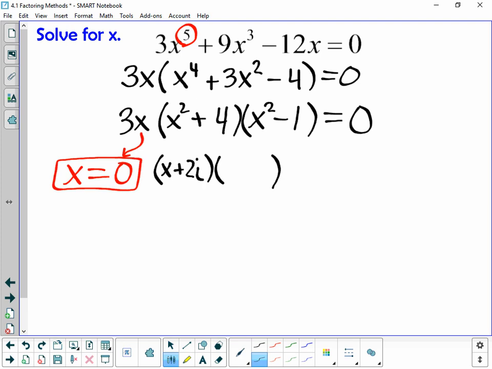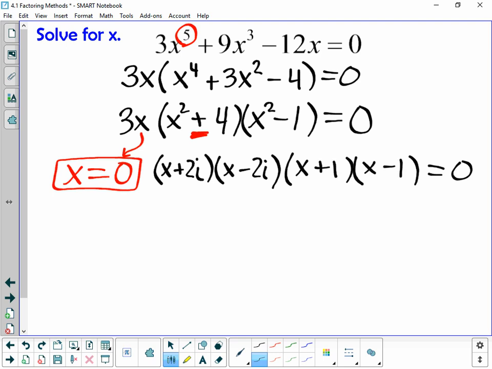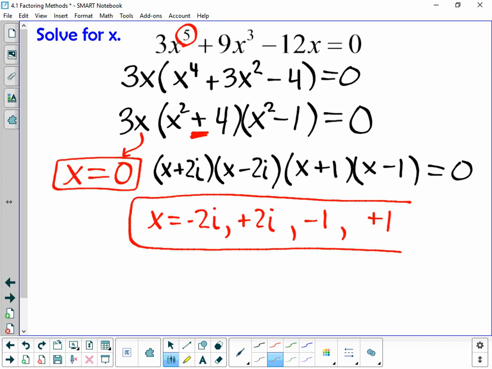Remember, if this is a positive, you're going to have that imaginary part, that i, and x minus 2i. X squared minus 1 is a difference of squares, so it's going to have real factors, not imaginary, x plus 1 and x minus 1. So now hopefully you can see the other 4 solutions: negative 2i, positive 2i, negative 1, and positive 1. So there are our 5 solutions to this equation.